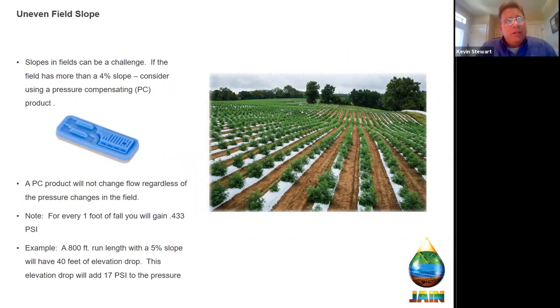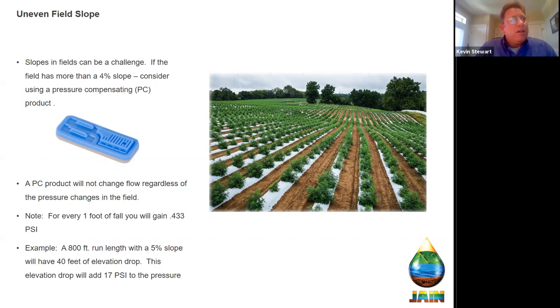Anyone that's traveled around knows that not everything is flat. I live in Idaho, and rarely do we see any kind of a flat field. Slopes can be a challenge, and we have a great option for that. We have a pressure compensating product that, regardless of the slope or the pressure changes within that slope, your flow is going to remain the same.